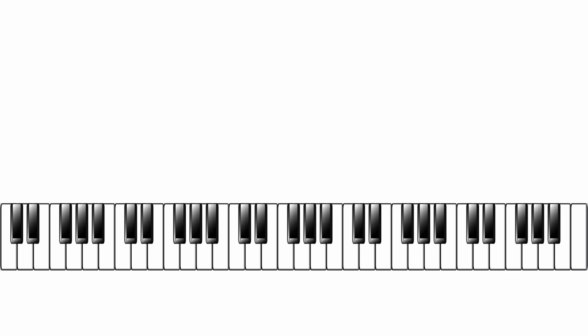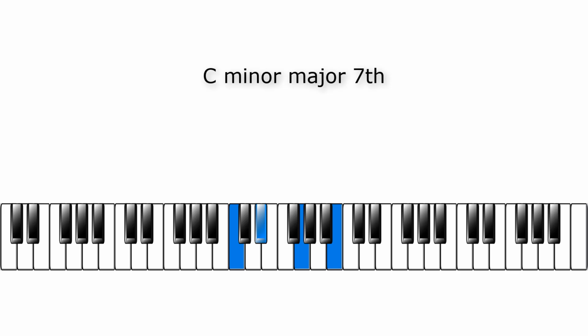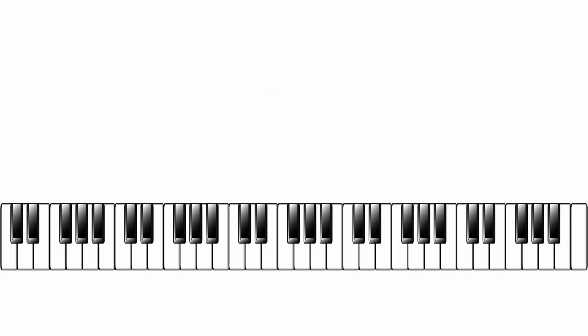A C minor 7th chord. A C minor major 7th chord. The C diminished chord, and the last chord, the C half diminished chord.